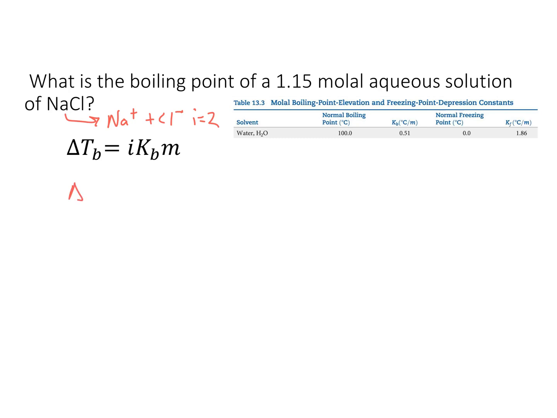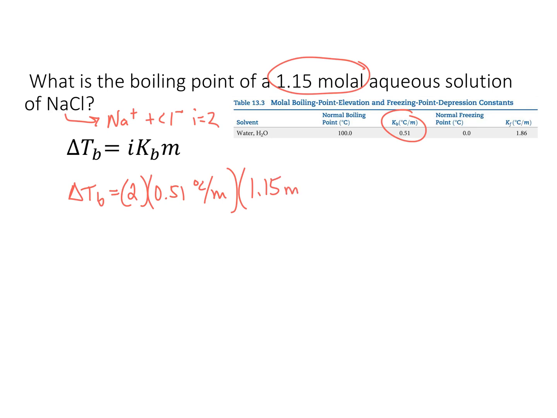So I want to find my boiling point change, and that equals my Van't Hoff factor of 2, my boiling point constant of water, which is 0.51 degrees Celsius per molal, and they've already given us the molality of the solution, 1.15 molal. So I multiply those 3 together, and I get approximately 1.173 degrees Celsius. When I multiply, molality cancels out and leaves me with degrees Celsius.